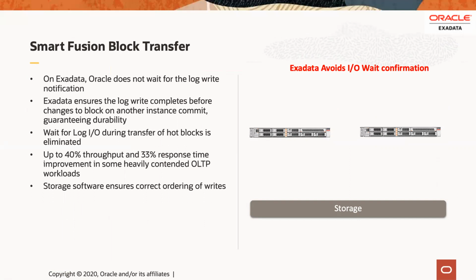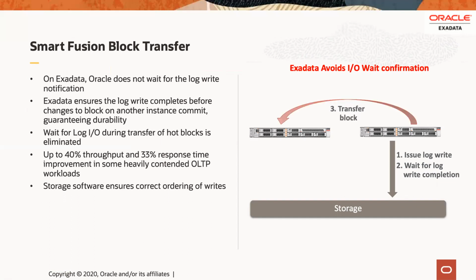In Exadata, we don't have to do this. Typically on systems, when we issue a log write, which is the most common thing in a database type of workload, we have to wait for log write completion, because just saying please write it doesn't mean it's been written. The storage itself could be hung, or there could be other issues at the storage layer.